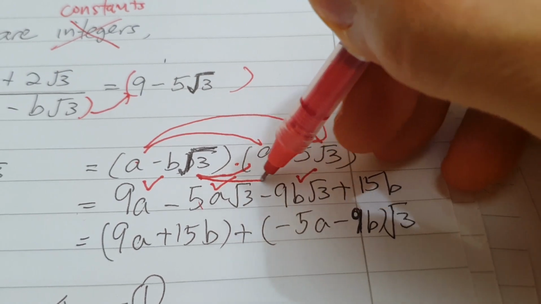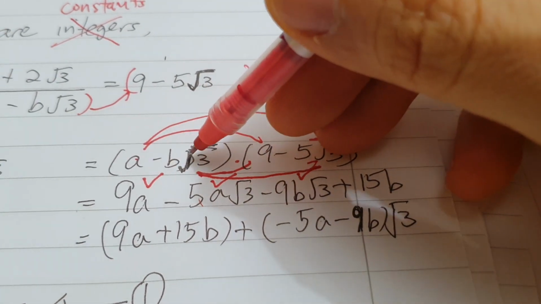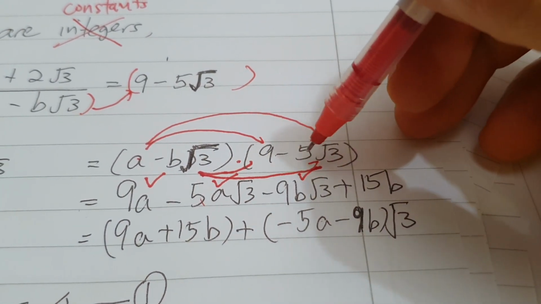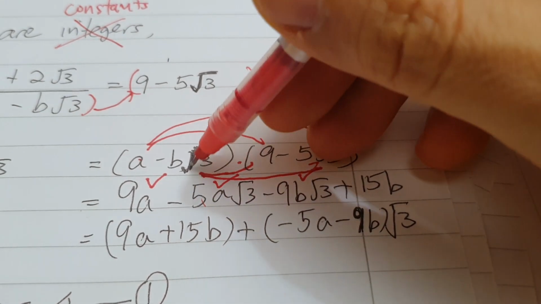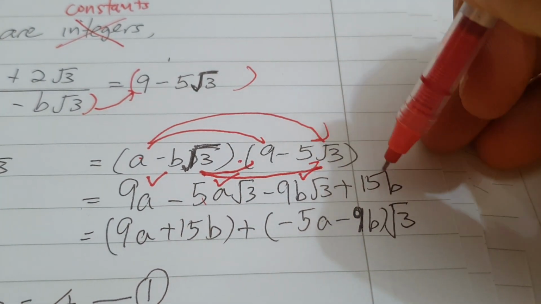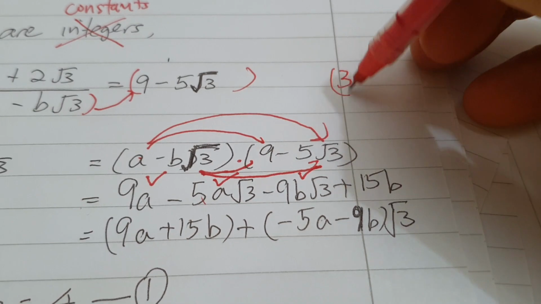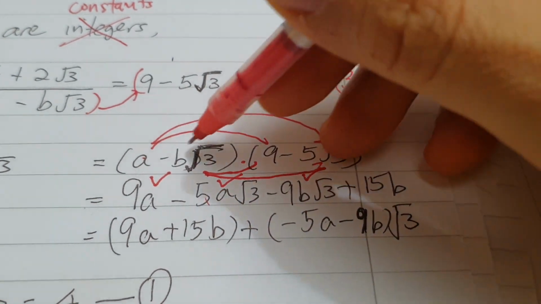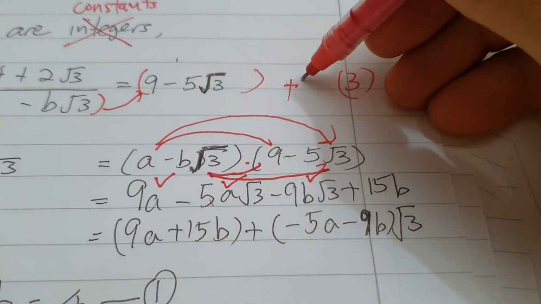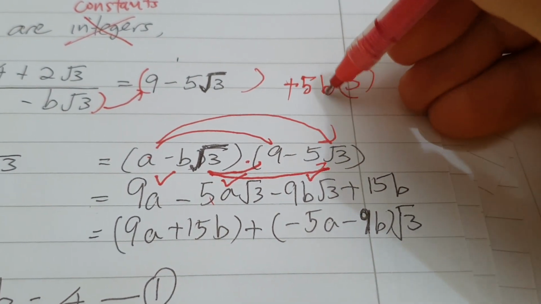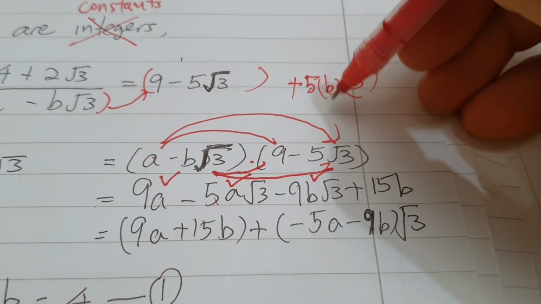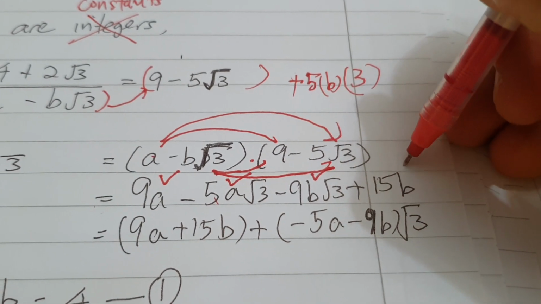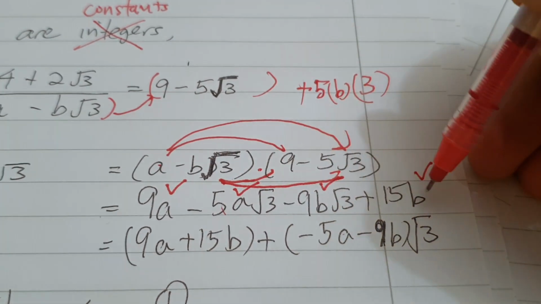And this minus b, square root 3 times minus 5 square root 3: square root 3 times square root 3 gives you a 3, and minus times minus is a plus, and there's a b times 5, so that's 5b. When you work it out, you get 15b. So that's how these four terms are obtained.